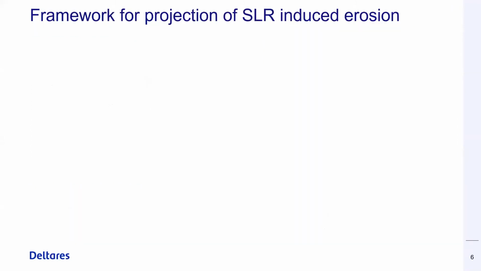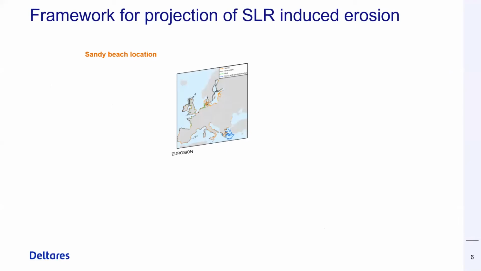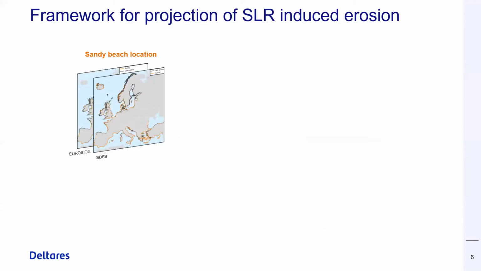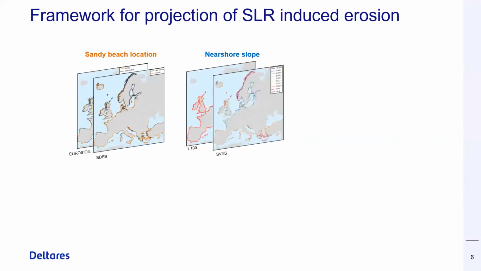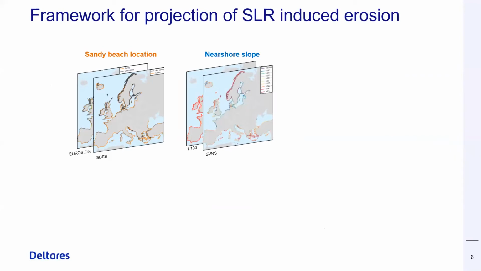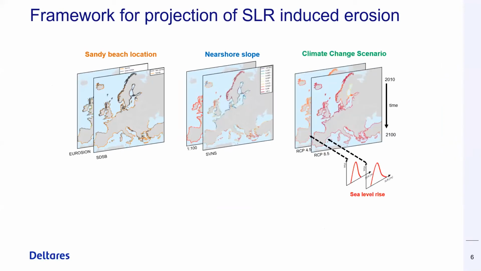So on how we built the framework: we have two data sets on the sandy beach location, nearshore slopes, as I presented now, and sea level rise projections through time for the century. They come in the form of probabilities, PDFs for each point through the years. As you can see here, we have mainly four input parameters in our model, which all induce some uncertainty.